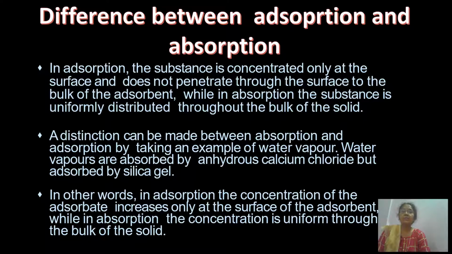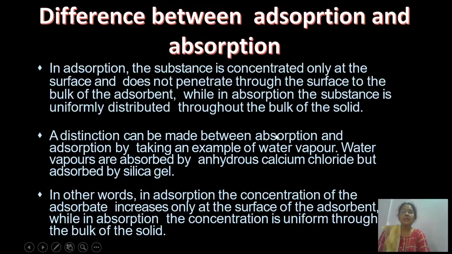What is the main difference between adsorption and absorption? Adsorption is a surface phenomenon. It means the substance is concentrated only at the surface. It does not penetrate throughout. While in the case of absorption, the substance is uniformly distributed throughout the bulk.